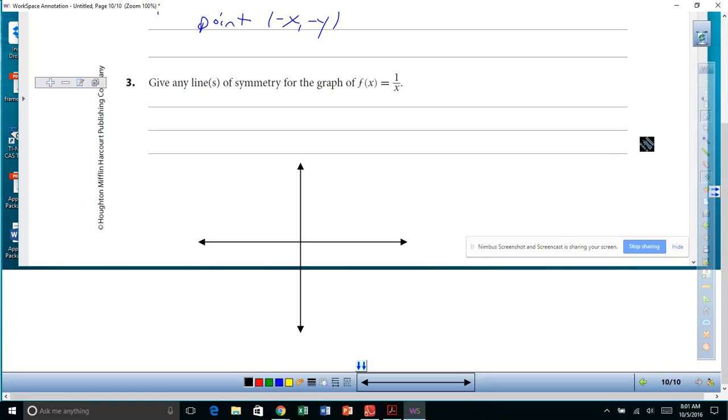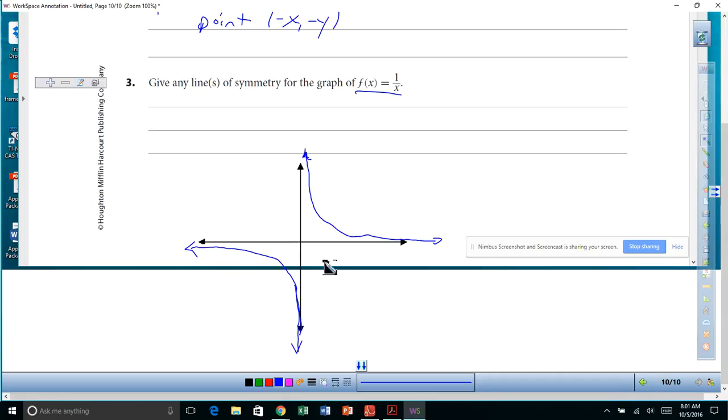And here it's going to kind of go like that, maybe. And y'all know, art's not my deal. I wish. So that's that right there.